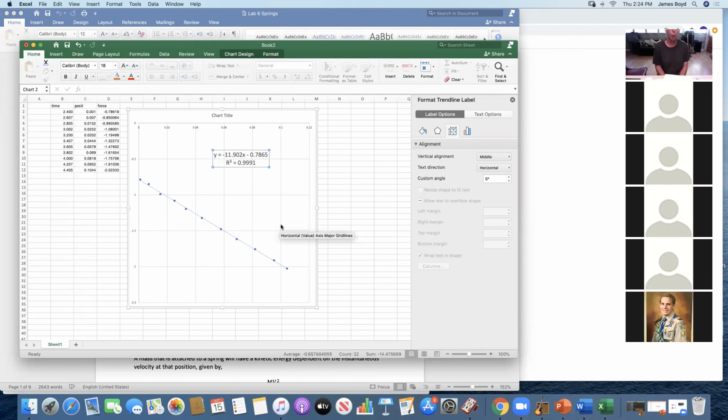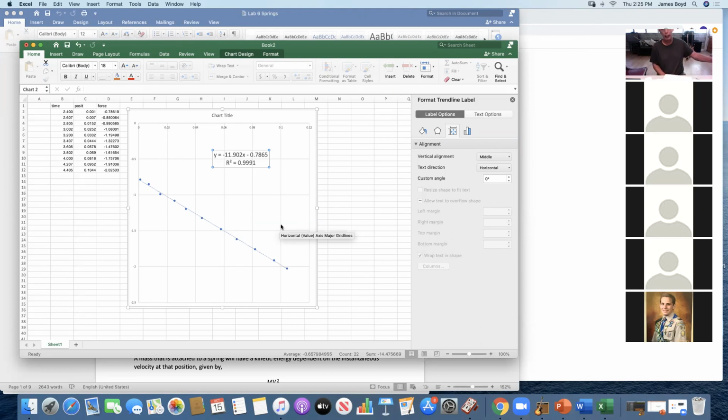That's really linear. The first question in this lab is like, is the spring law accurate? And if you have an R-squared value of almost 1 exactly, yeah, that is a linear force law. So that's all good.